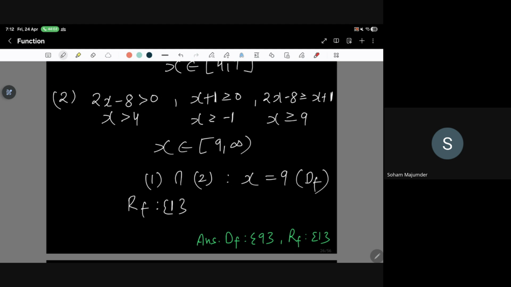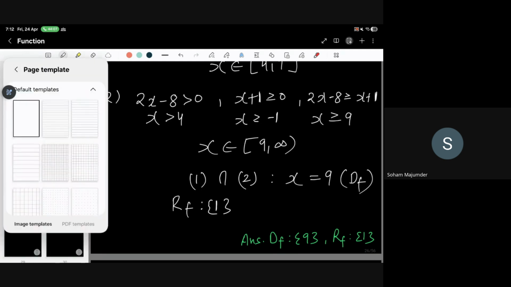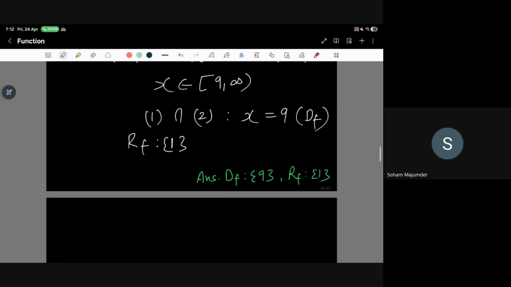Right, now if we solve by the simplification approach, let's see what happens.